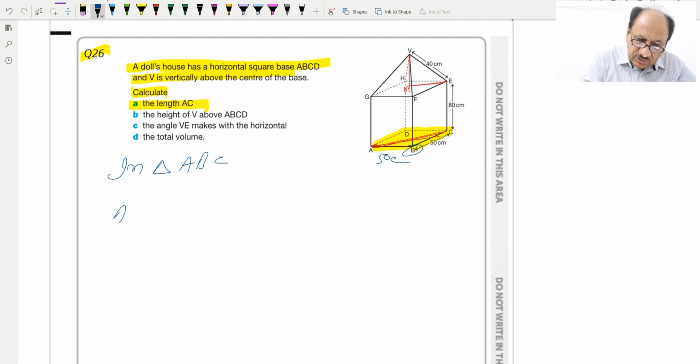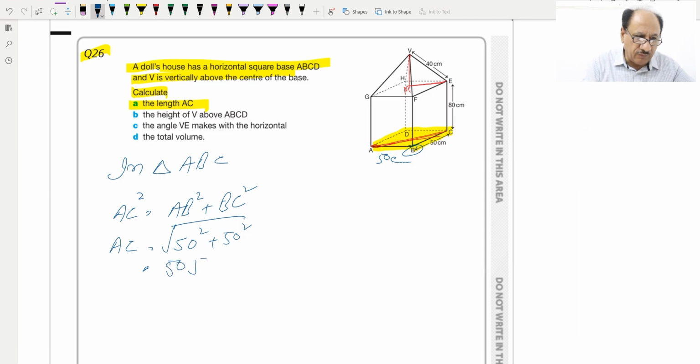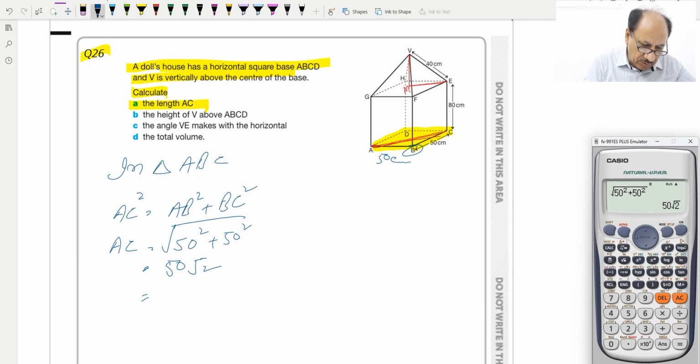So we can write AC squared is equal to AB squared plus BC squared, and AC will be equal to the square root of 50 squared plus 50 squared, which is equal to 50 root 2, and the decimal value, if we require, will be 70.7.